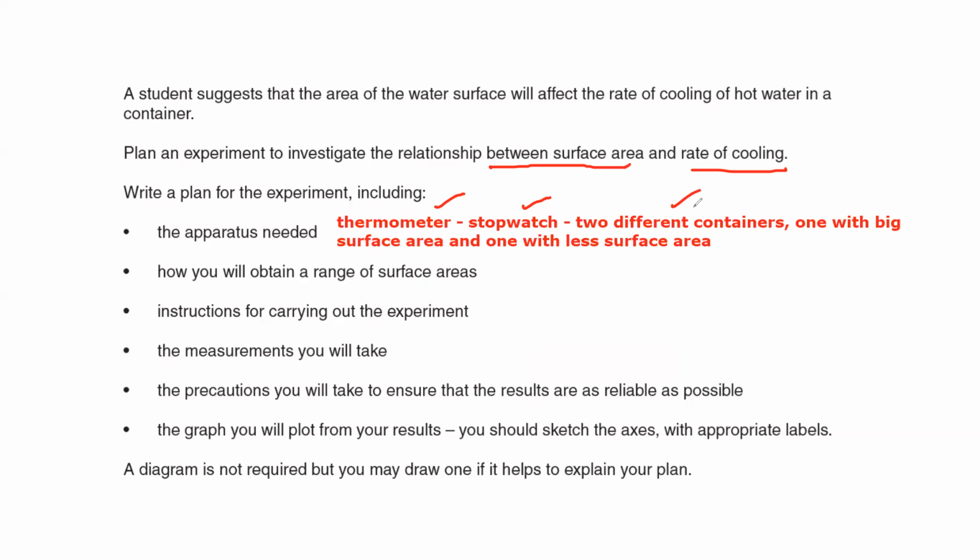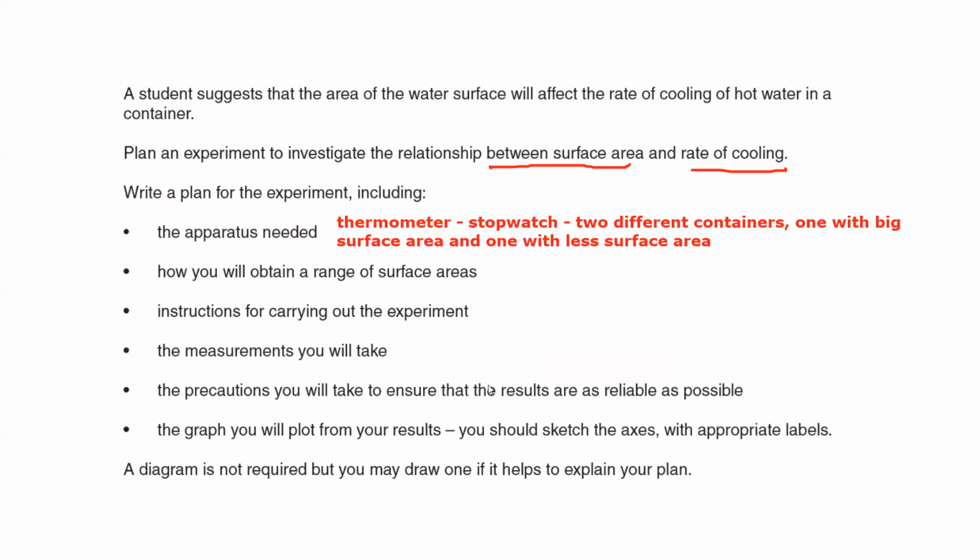So we need different containers, and there's also a supply of hot water. But even if you write only thermometer, stopwatch, and container, you will score the marks. So that is the first thing.